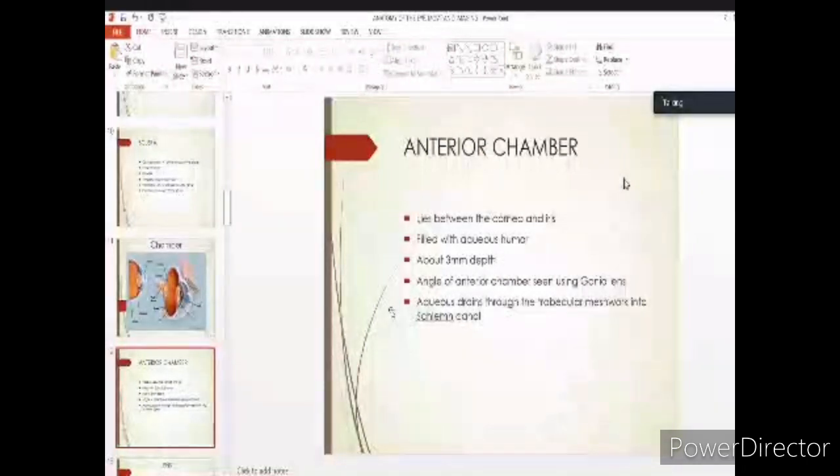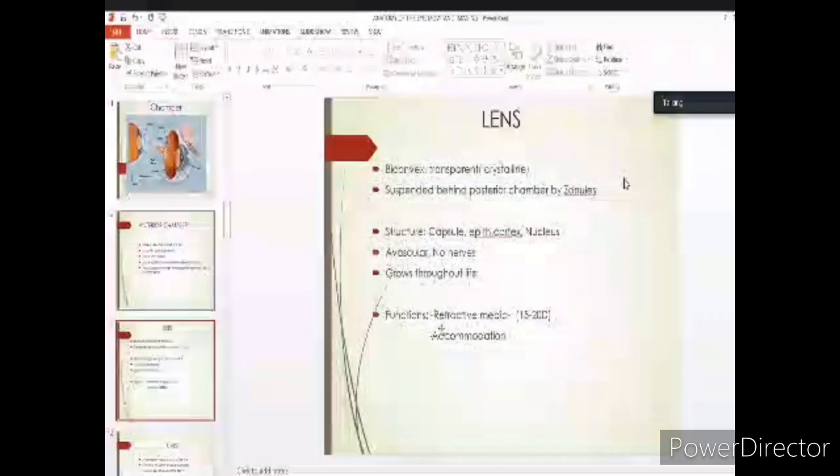So the aqueous that is formed in the anterior chamber goes to the trabecular meshwork through the canal of Schlemm. Next structure that we look at is the lens. I think we showed it here. This is the lens. It's biconvex.